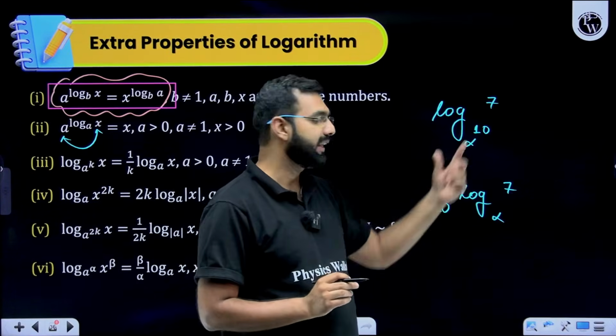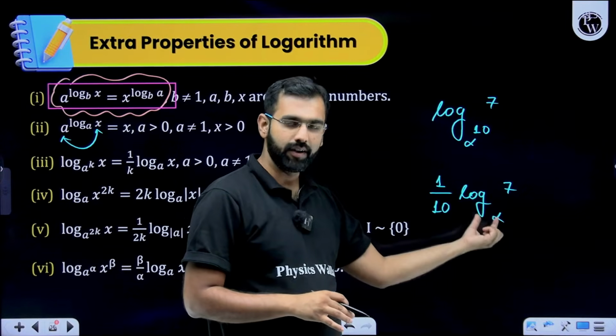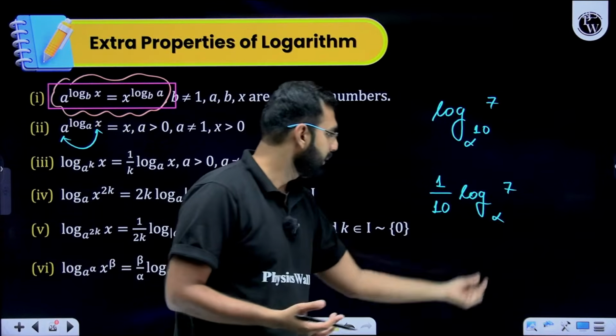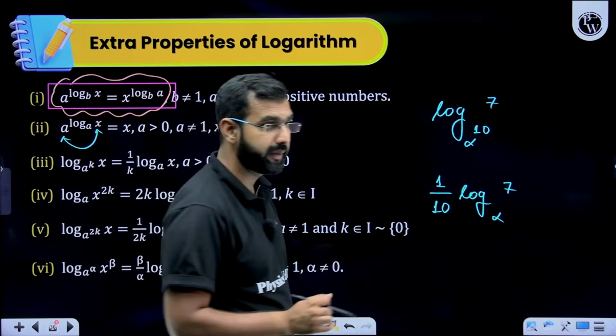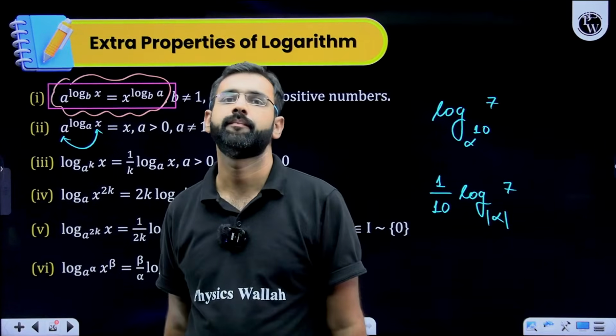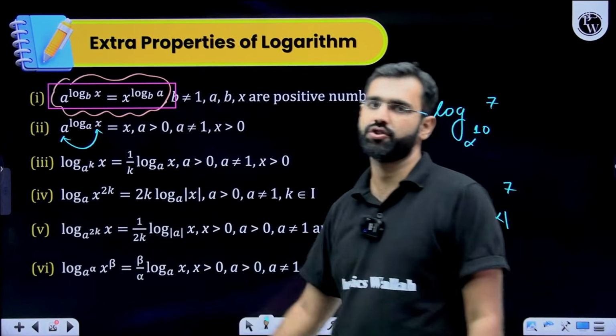So alpha to the power 10 would have been positive, the base is always positive. But here, if alpha's power 10 is removed, then this alpha could have been either negative or positive. But if it is negative, the base of log cannot be negative. So to keep it positive, I'll put a mod over here like this. Are these properties understood by you all, that you should be cautious like this?